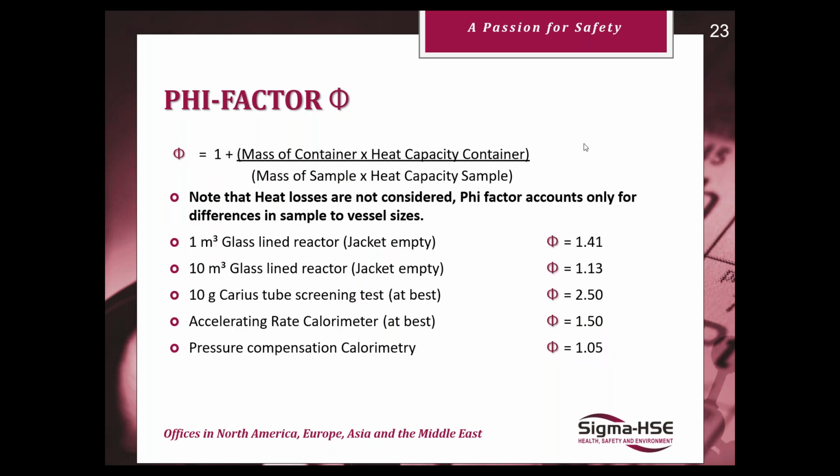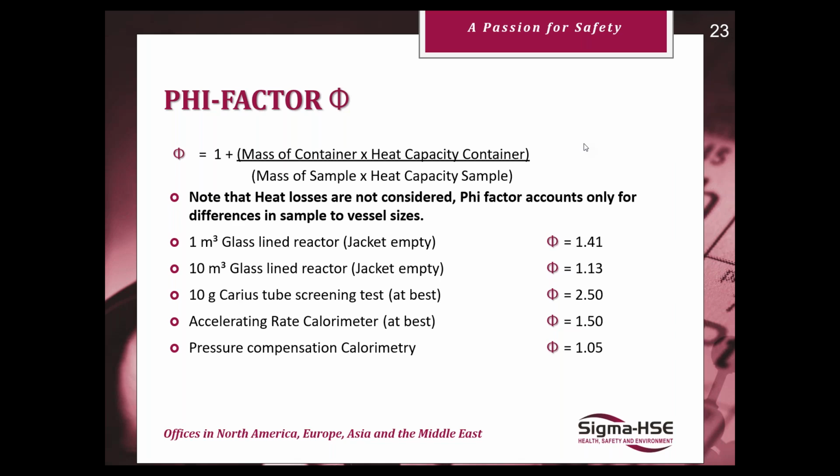So phi factor is a simple correction factor for these tests. An infinitely large reactor is going to have a phi factor of 1, because there's going to be no effect of the container, because the mass of the reactor material is going to be the majority of the system.